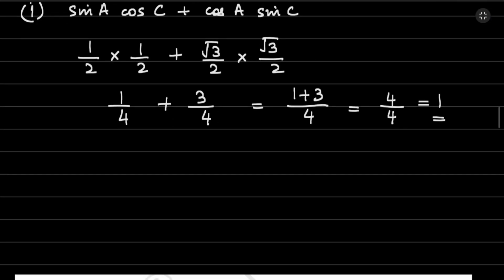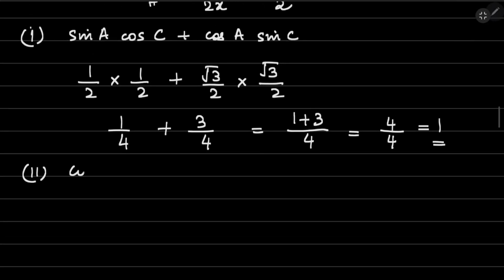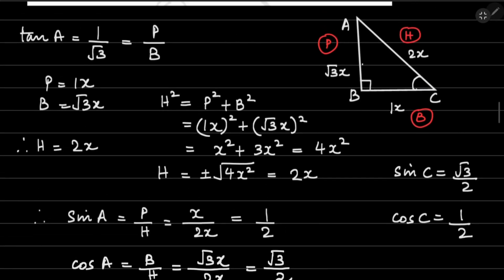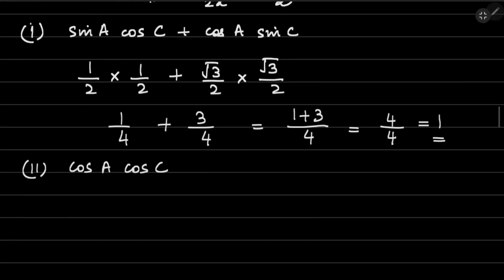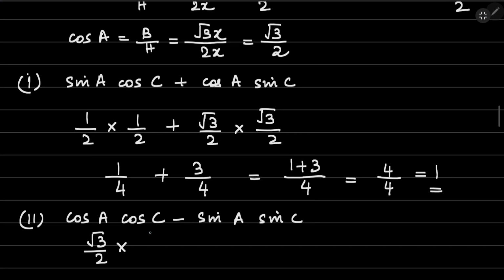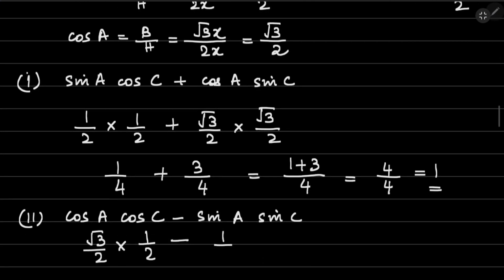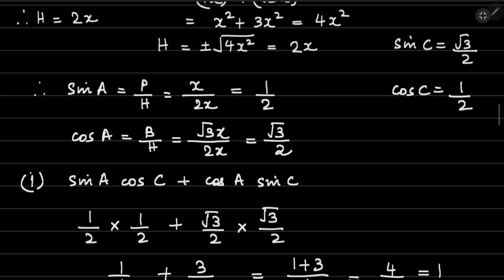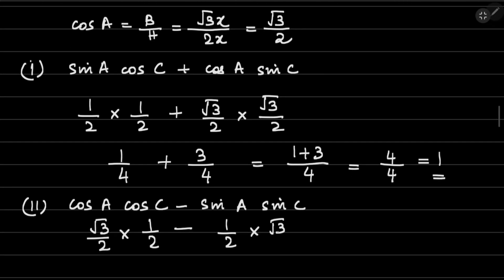Now the second one, cos A cos C minus sin A sin C. What is cos A? Root 3 by 2, multiplied by cos C, 1 by 2, minus sin A, which is 1 by 2, multiplied by sin C, which is nothing but root 3 by 2.